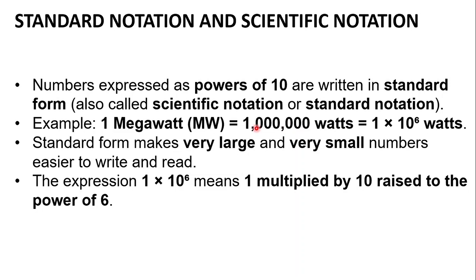I mentioned that 1 million as written like this is the ordinary way of writing numbers. But when you express it as 1 times 10 to the power 6 watts, it becomes scientific notation, also called the standard notation.